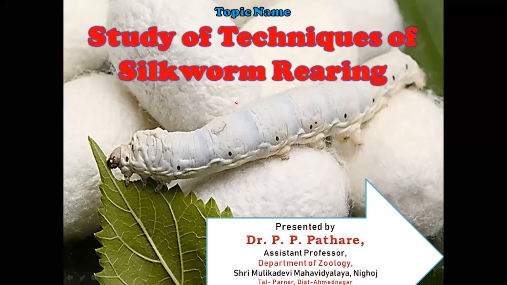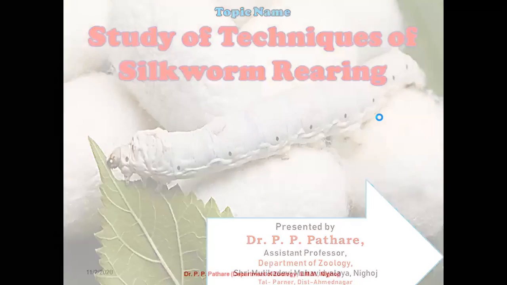These three rearing methods were already discussed in the previous lecture. Now today I will start the remaining parts of the study of techniques of silkworm rearing. So let us start the remaining techniques used in silkworm rearing.